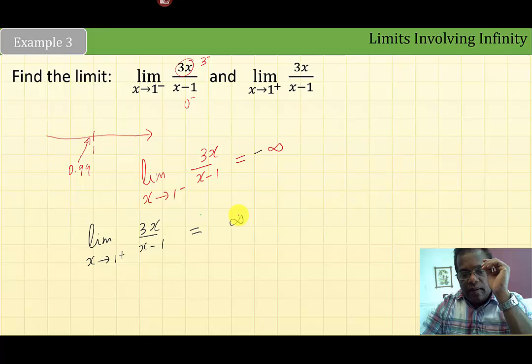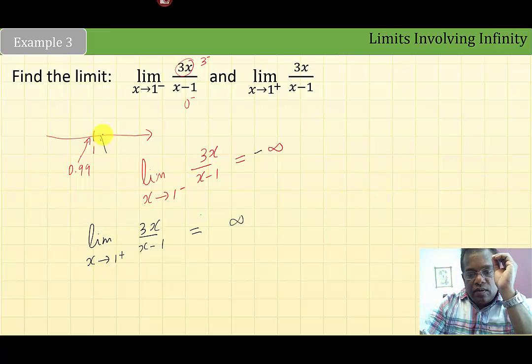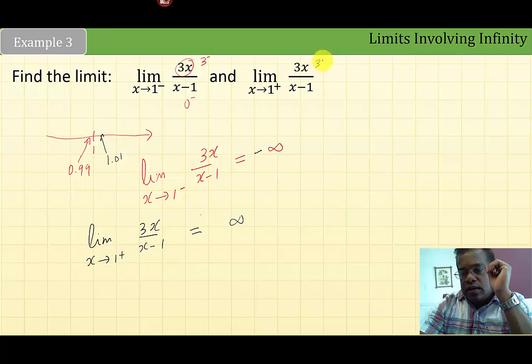Now what is the sign? x approaches 1 from the right, meaning the value is above 1, say 1.01. So this part is approaching 3 from above, and this one is approaching 0, also from above. Both of them are positive, so that will be positive infinity.